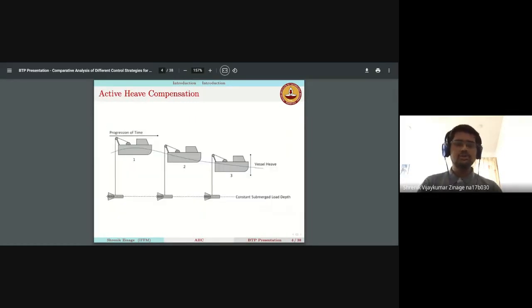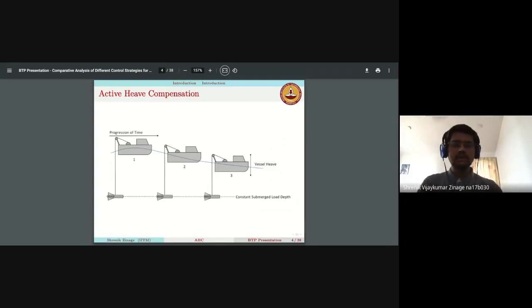The figure here gives an idea of what active heave compensation is. As you progress with time, the ship will move from 1 to 2 to 3. And due to waves, the ship is bound to exhibit oscillatory vertical motions. So the objective of heave compensation is to make sure that the payload motion is decoupled from the ship's heave motion.